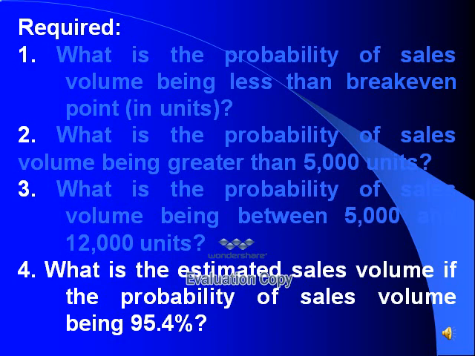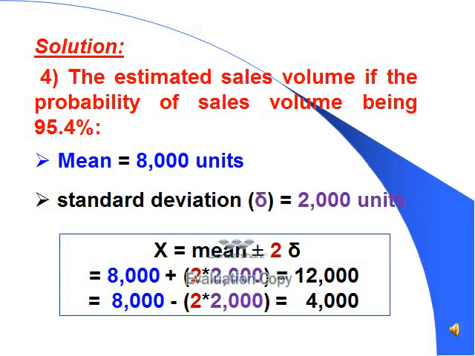Required number 4. What is the estimated sales volume if the probability of sales volume being 95.4%? In this requirement, the probability is given as 95.4%, and the question is about the sales volume.